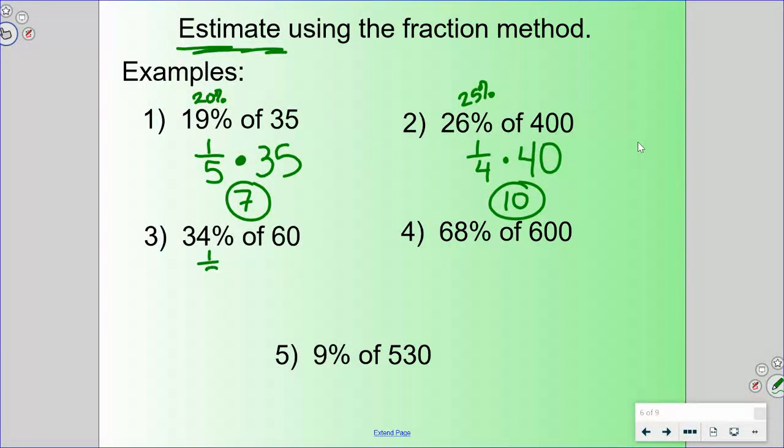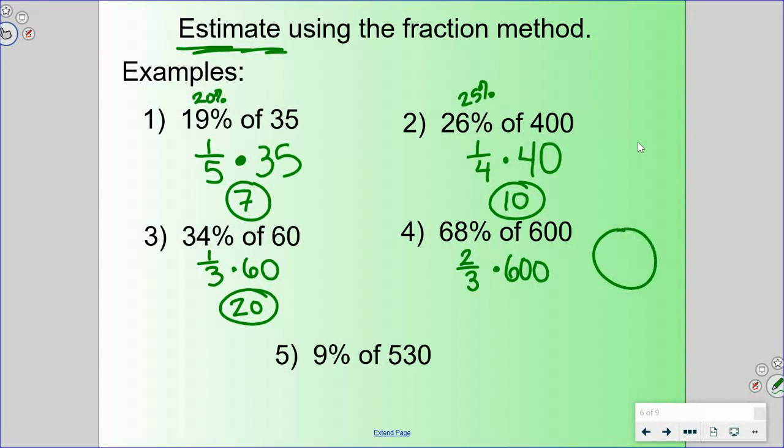34%, extremely close to 33 1/3%. So let's take 1/3 of 60. 60 split up into 3 parts would be 20. 68%, very close to 2/3 of 600. Now imagine 600.